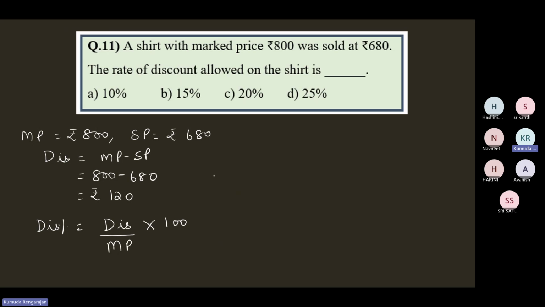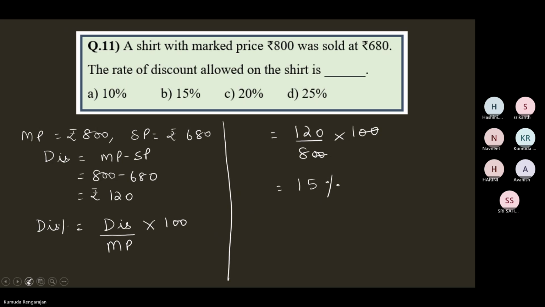So discount by MP into 100. 120 is the discount, by the mark price 800, into 100. 15 8s are 120, so 15%. Correct, ma'am. Okay, good.